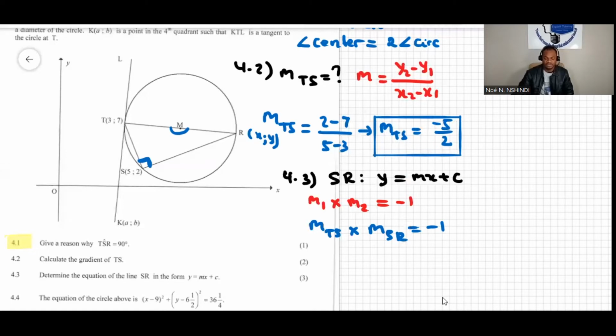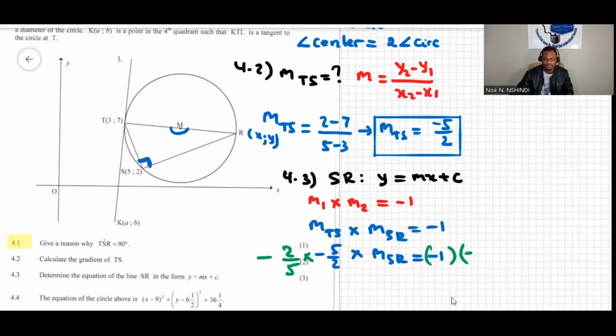In the previous question, we found the gradient of TS, which is -5/2. So here we have -5/2 times the gradient of SR, which is equal to -1. Now, to calculate this, I can multiply this side by -2/5, the inverse of this, and multiply the other side also by -2/5.